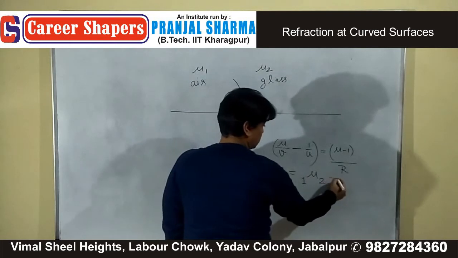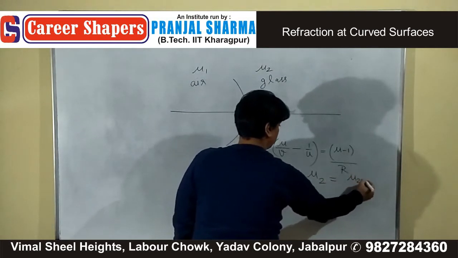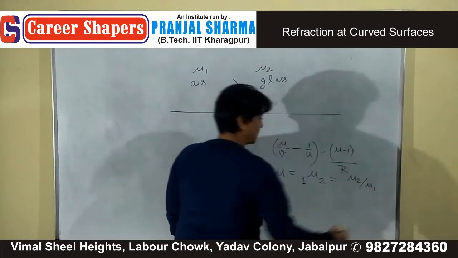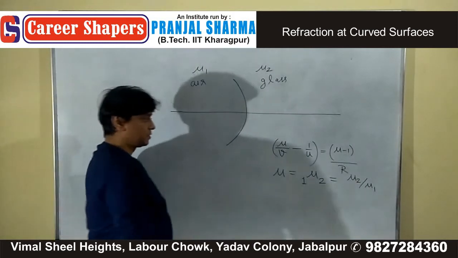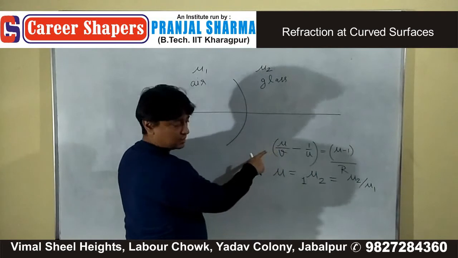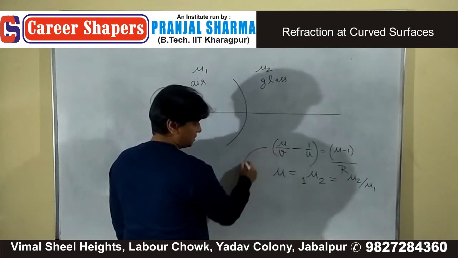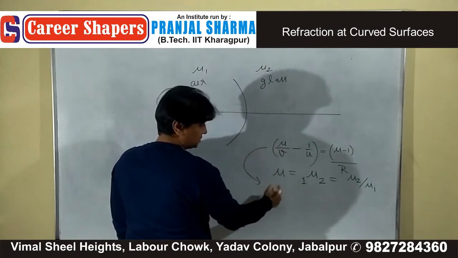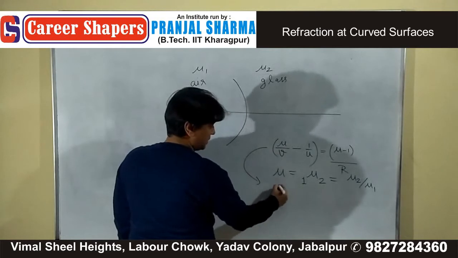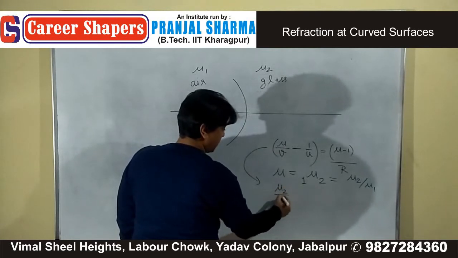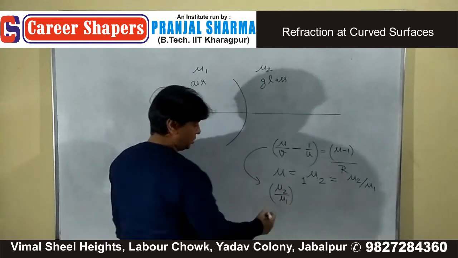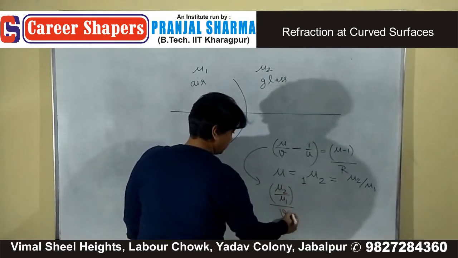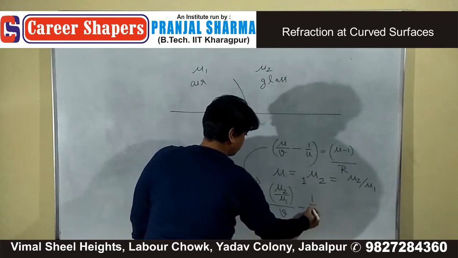This is nothing but mu2 divided by mu1. Therefore, we can rearrange this format like this: mu2 divided by mu1, whole divided by v, minus 1 upon u.